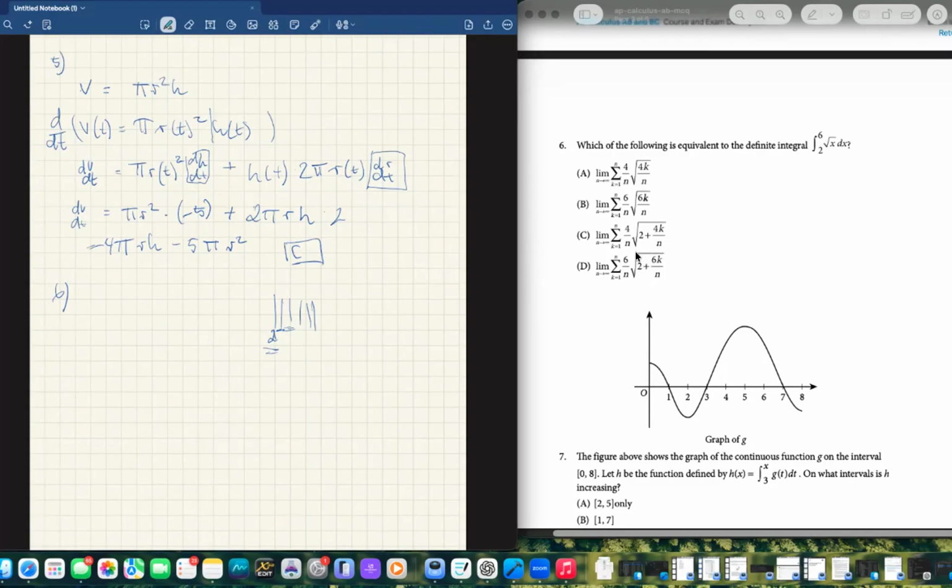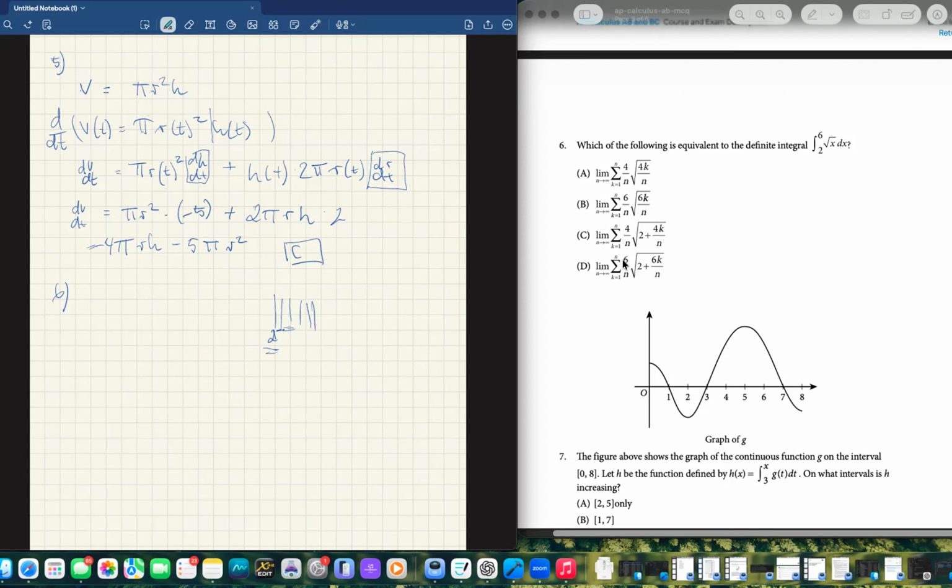So it has to be one of these two, and then it has to be the same as the thing in the front. So that would be either 4 over n or 6 over n. And then it has to be multiplied by the iterator, okay? So both of these would be good.